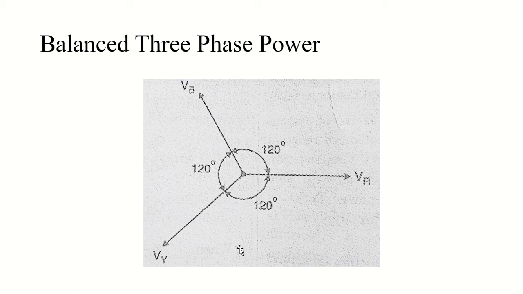Okay, and what is balanced three phase power? Balanced three phase power is nothing but, for the balanced three phase system, the power which is consumed by all the phases R, Y and B must be identical. What does it mean?